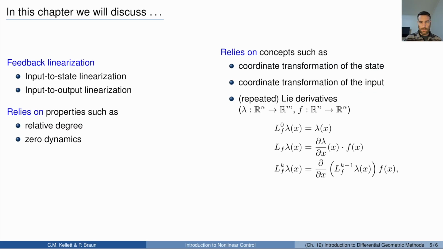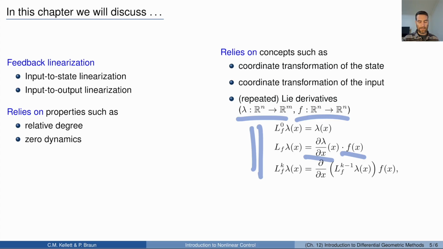And the constructive way to do that relies on repeated Lie derivatives. So if we have two functions here, lambda and f, then we can look at these objects here, which are repeated Lie derivatives. Lie derivative we have already seen in the context of control Lyapunov functions. But now in this chapter here, we will apply that concept repeatedly to take the derivative with respect to the function lambda, and then the inner product with respect to f.